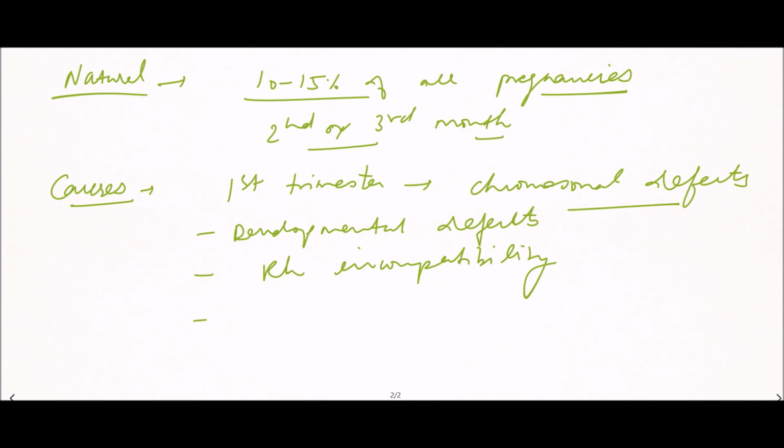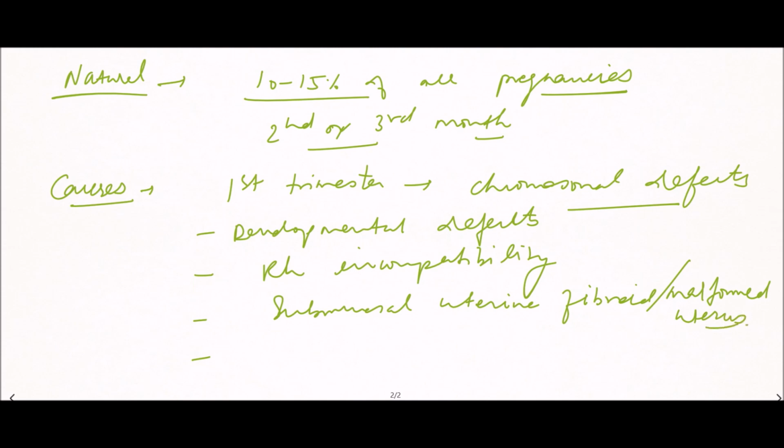There can be some submucosal uterine fibroid. There can be the other malformations in uterus. So malformed uterus is also responsible for these kind of natural abortions.